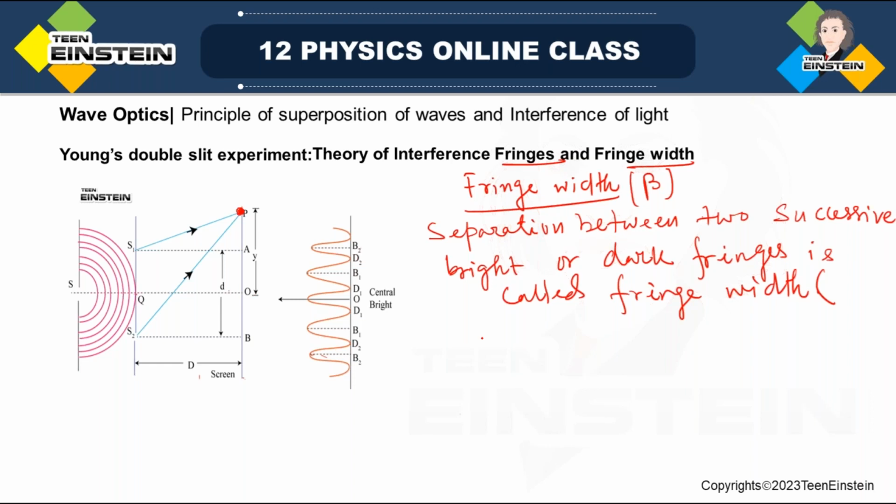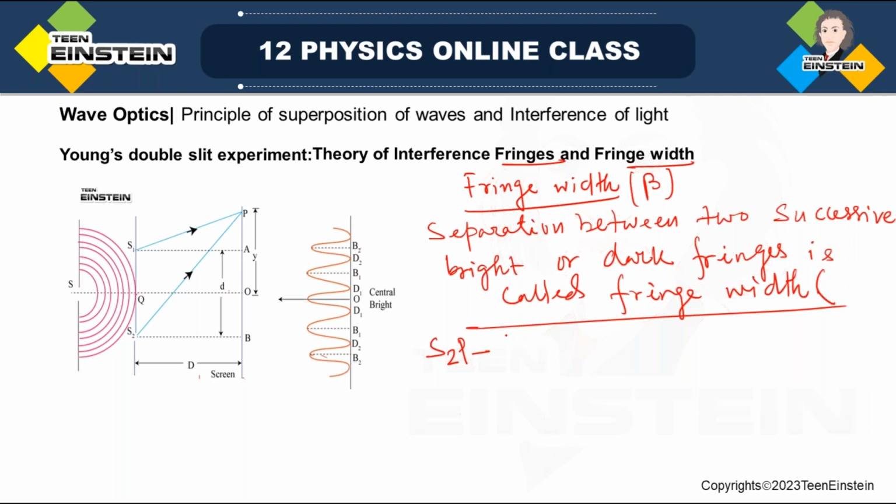First of all, we have to find out the path difference. Suppose the path difference is S2P, you can see this point is P, where the light waves are interfering, minus S1P.